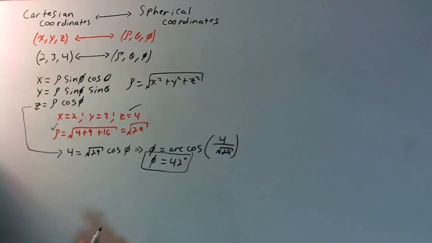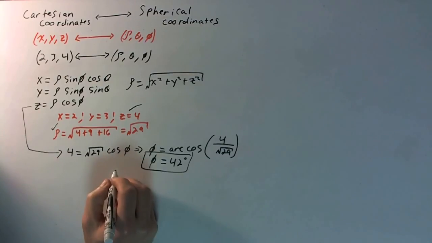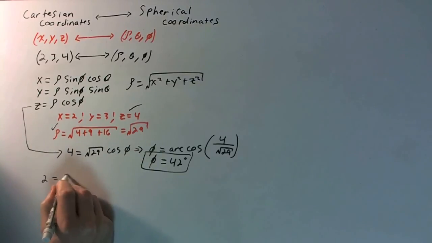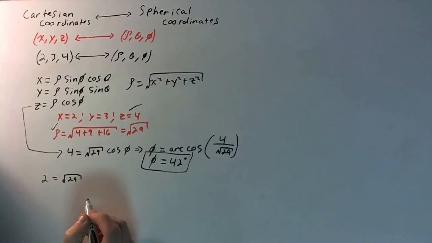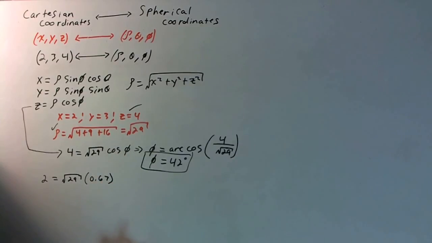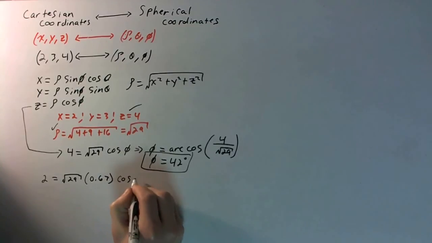So, let's just take x, for example. We know the fact that x is 2, right? So 2 is going to be equal to the square root of 29 times the sine of 42 degrees, right? We still have it in our calculator, so we'll just take the sine of the answer. And that's 0.67, times the cosine of theta, which we don't know yet.